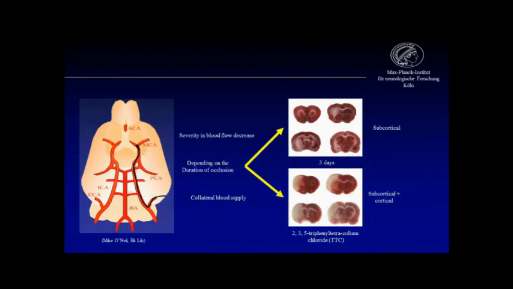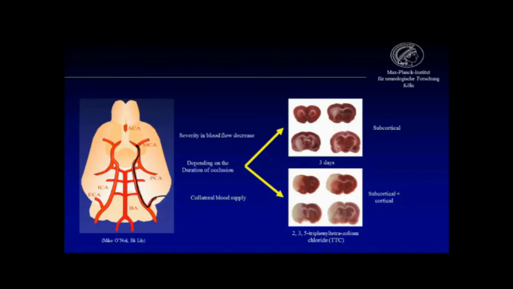So coming to the animal model of the intraluminal thread occlusion, you see here from the base of a rat brain, or a rodent brain, the circle of Willis, and what you do is, through the internal carotid artery, you insert a filament that you can advance, if it has the right diameter, all the way into the circle of Willis.